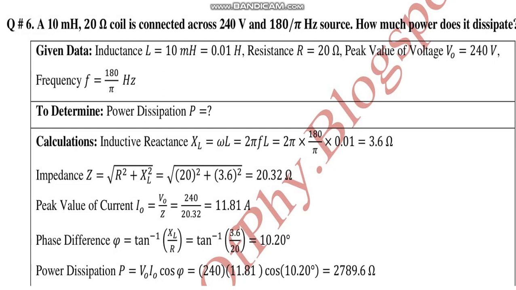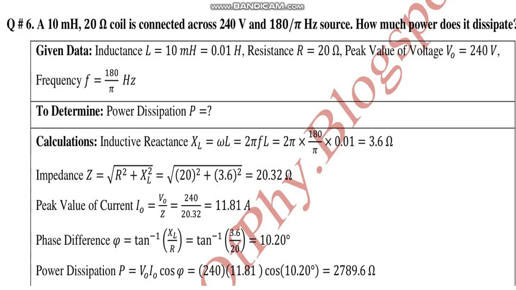Impedance Z is equal to under root R square plus XL square. We also know the values. R, that is 20 ohm, and XL has a value 3.6. After putting the values and solving this one, we get the answer 20.32 ohm.